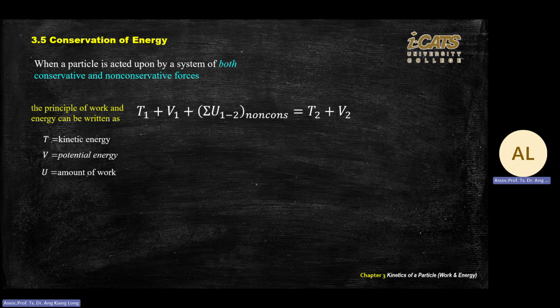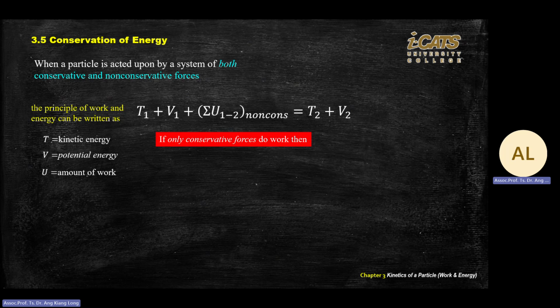F multiply S, and these two vectors must always be parallel. We don't care about direction. If the same direction, positive; different direction, different arrowhead, negative. But force must link with the displacement. So when your force links with the displacement, then it's not conservative.